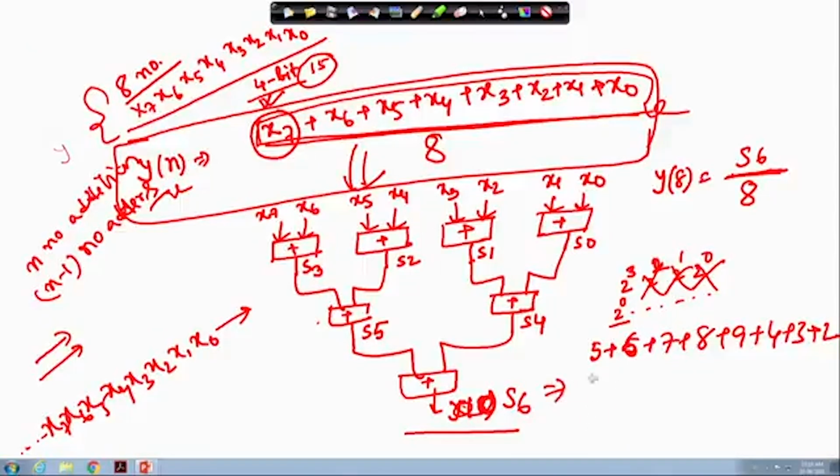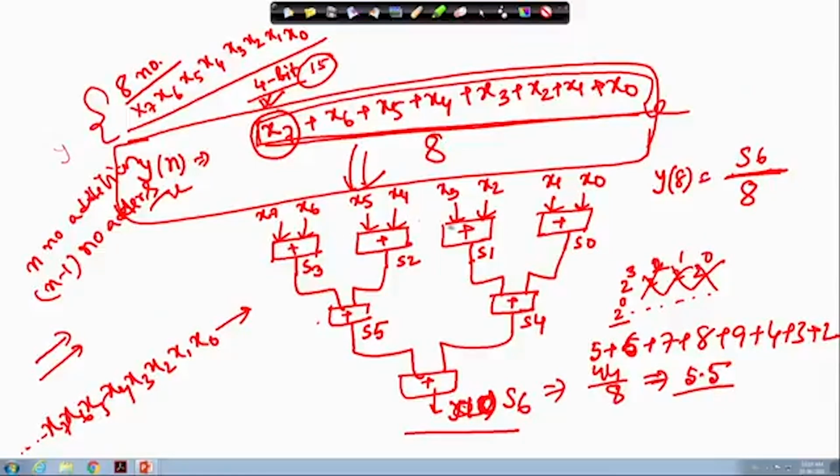Okay. So, what is the number? 11, 18, 26, 35, then 39, 42, 44. 44 divided by 8. So, what will be the corresponding output of this? That will be 5.5. Okay.